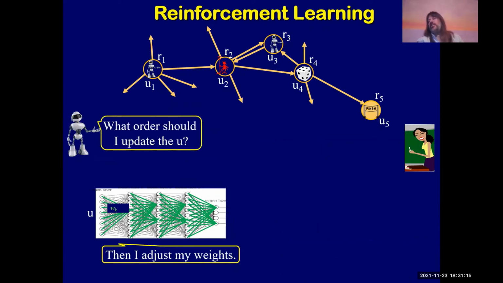Now you could ask, what order should I update these nodes? And the thing is, that's a huge graph. There are so many states. You never want to update nodes that you're never going to get to.